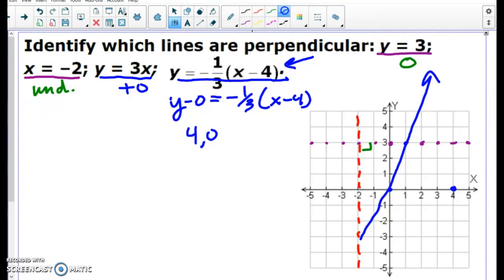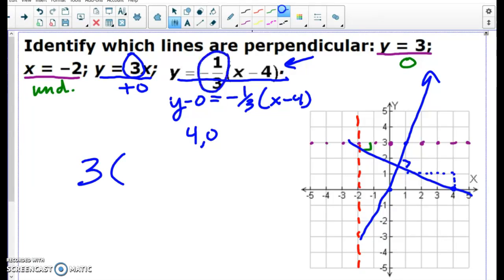So we're going to go down 1 and over 3, or we could go positive 1, negative 3. And then when we graph that line through that point, we can see, even though it's a very rough drawing, that it is 90 degrees. The other way we can check is to extract those slopes. First slope is 3.